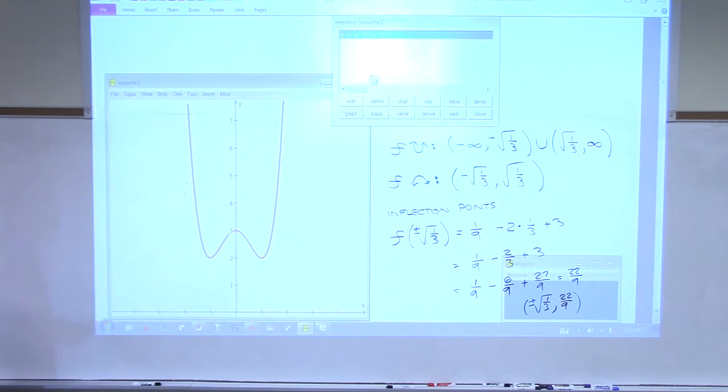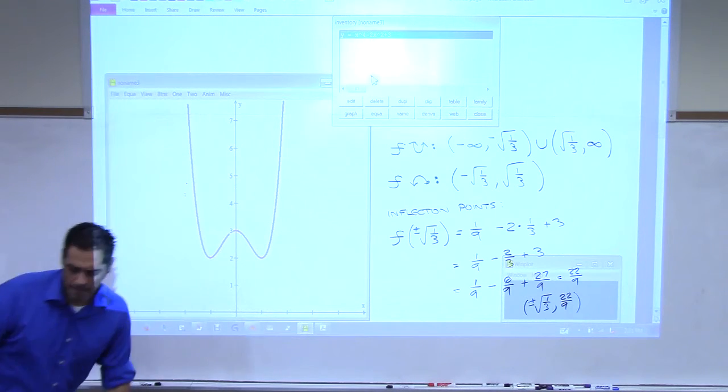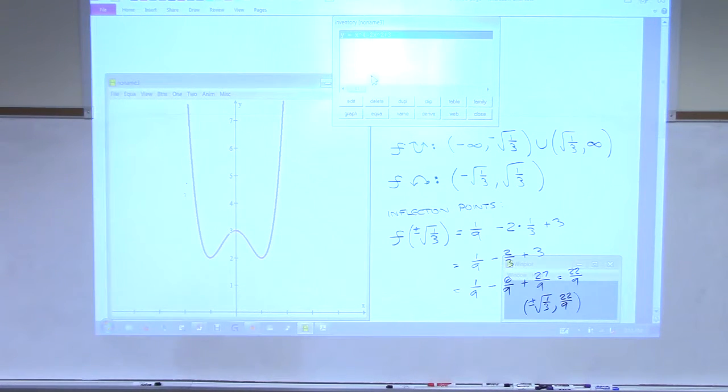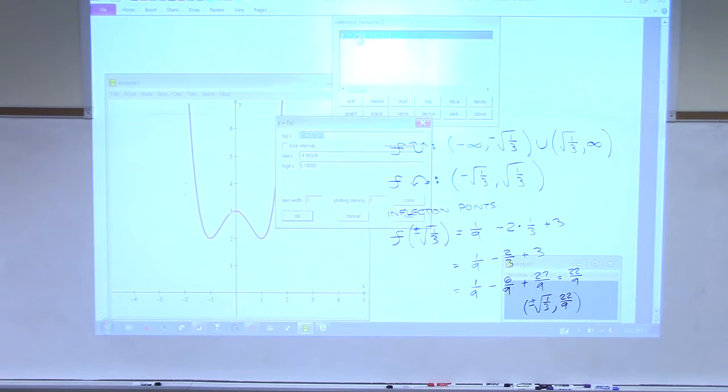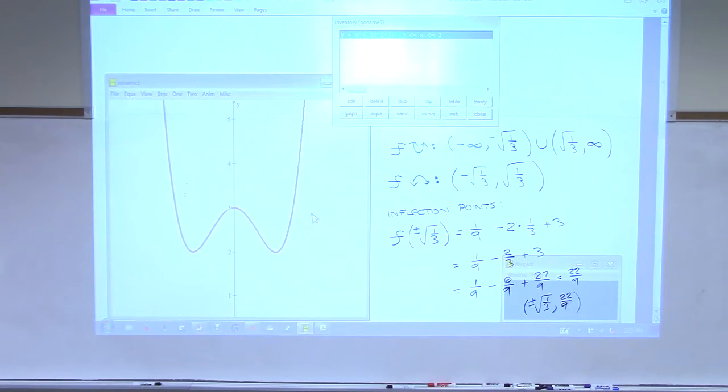But what we just found was the inflections. Trying to zoom in on this a little bit more.